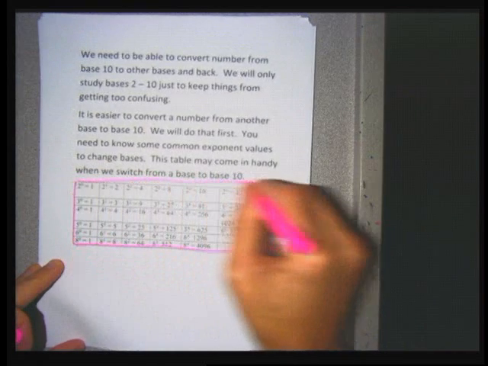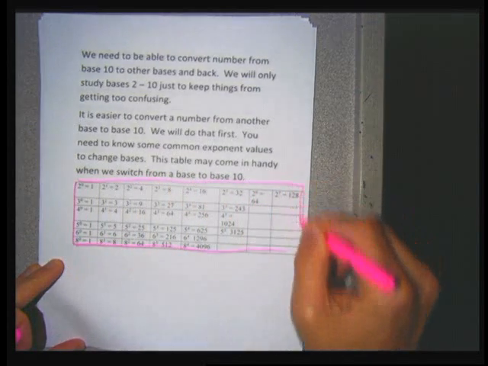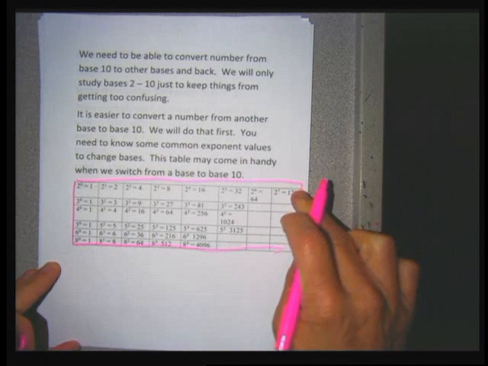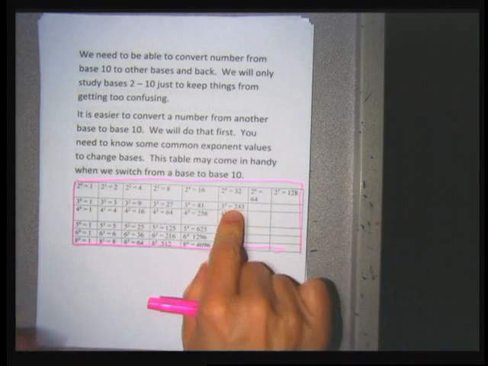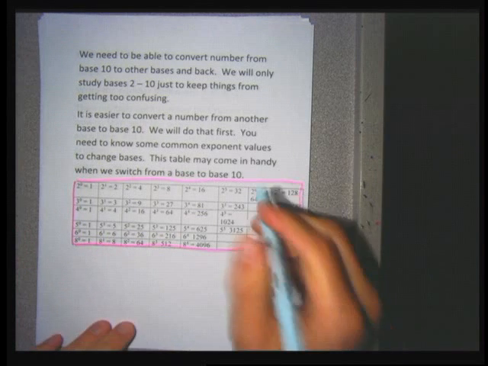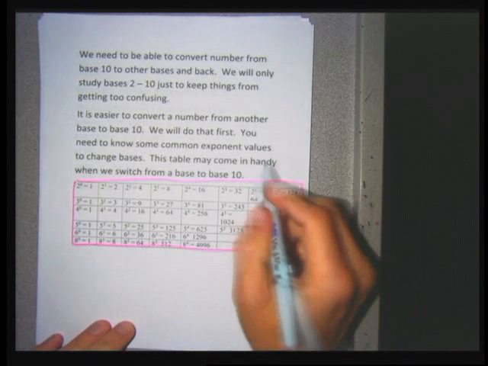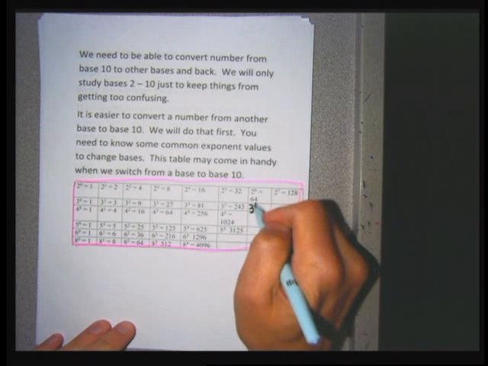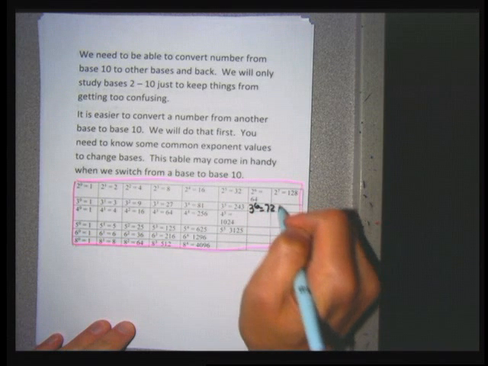You're probably going to need to know most of the powers of 2, at least up to 128, probably higher. The powers of 3, at least up to 3 to the 5th, which is 243. I think 3 to the 6th is 729. We might actually need that.